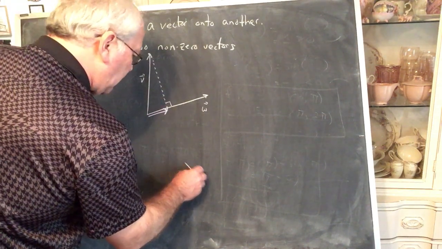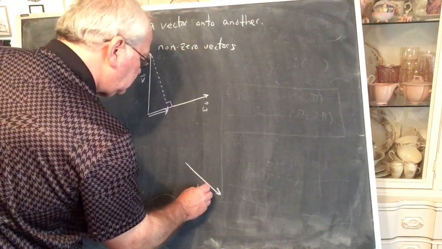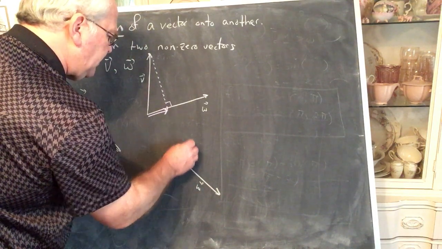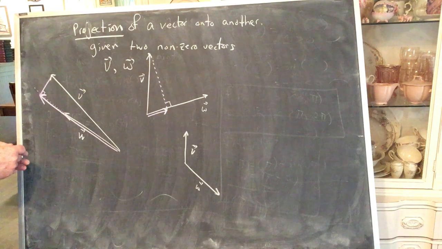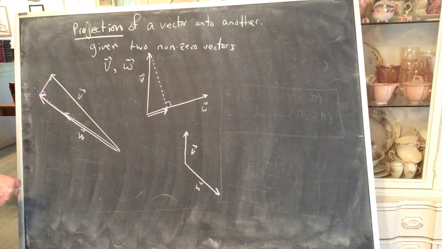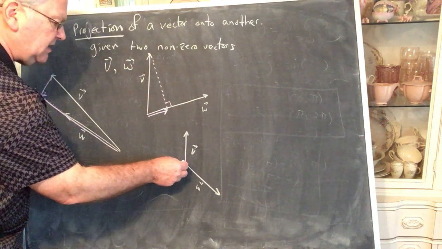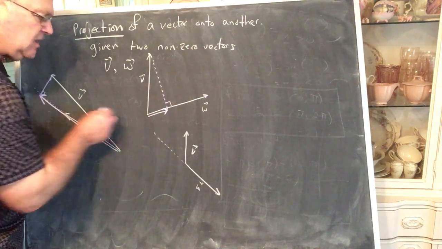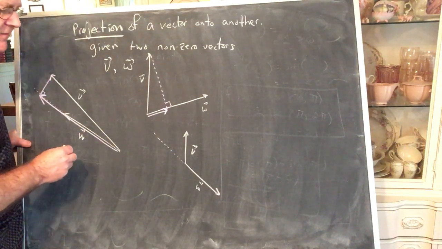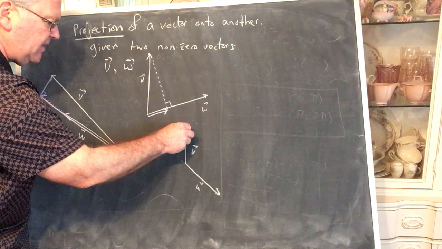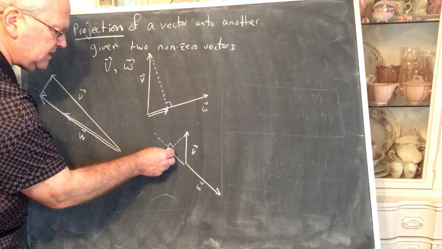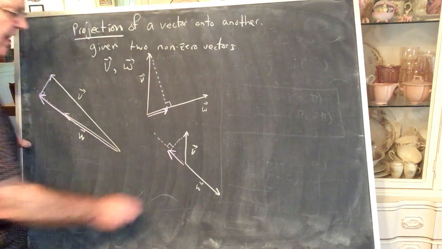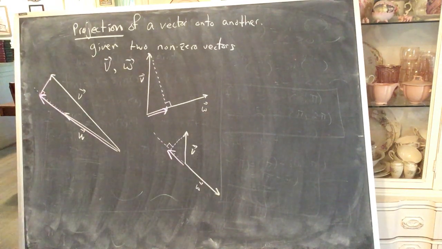Suppose this is vector w, and suppose now this is vector v. We may extend vector w, but we may also extend it, in this case we need to, extend it in the negative direction. From the endpoint of v, drop a perpendicular to w, and then this purple vector is the projection of v onto w.